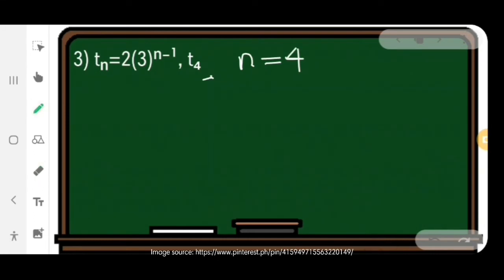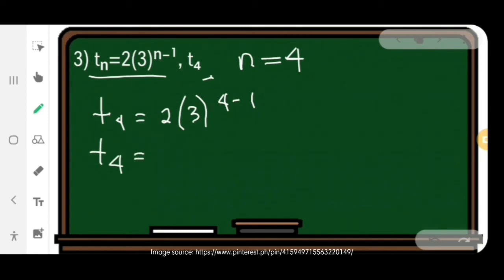Now using the general term, we are going to substitute the value of n. We have t sub 4 is equal to 2 times 3 raised to 4 minus 1. So t sub 4, again follow the order of operations. Perform first the operations in the exponent.